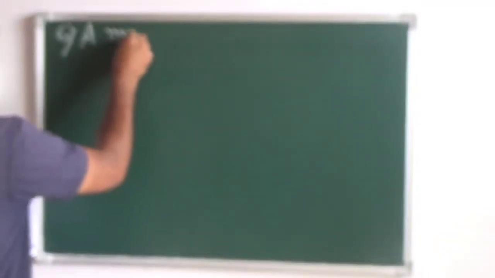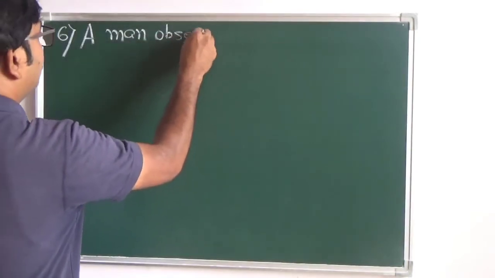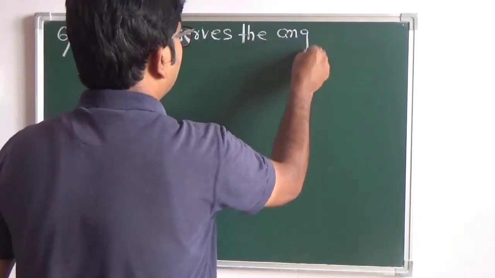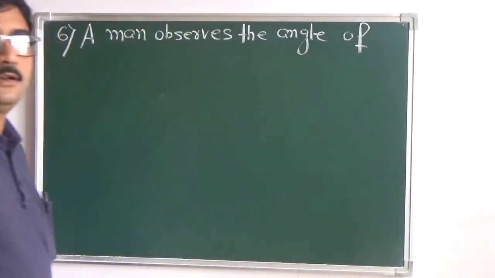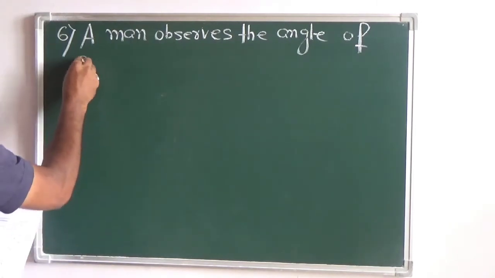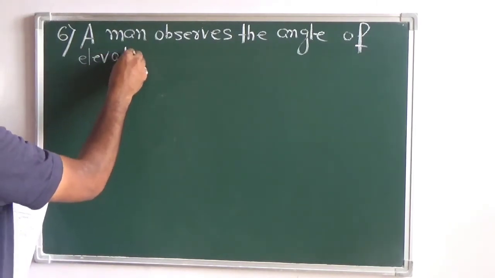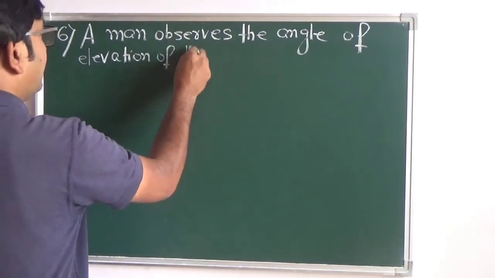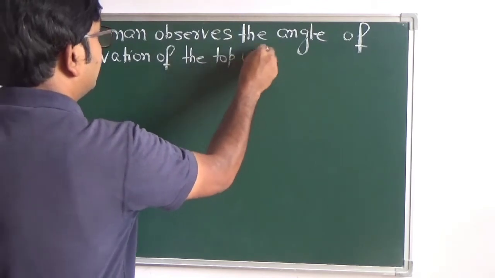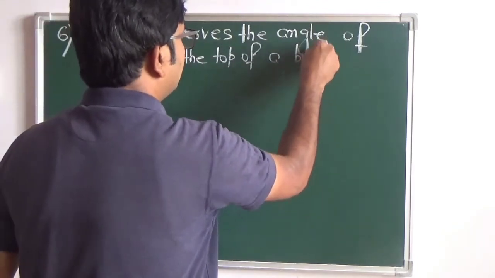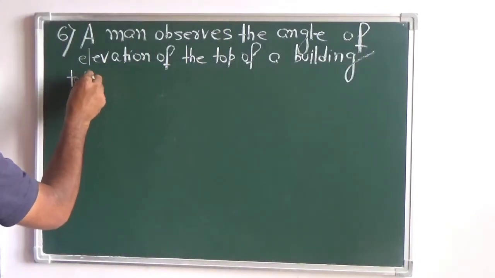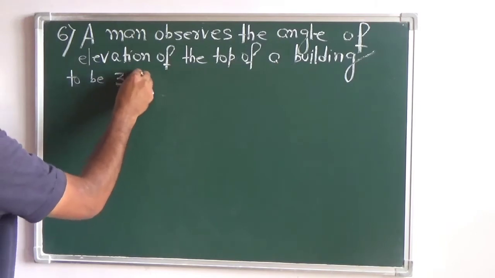Let's go with question number 6. A man observes the angle of elevation of the top of a building to be 30 degrees.